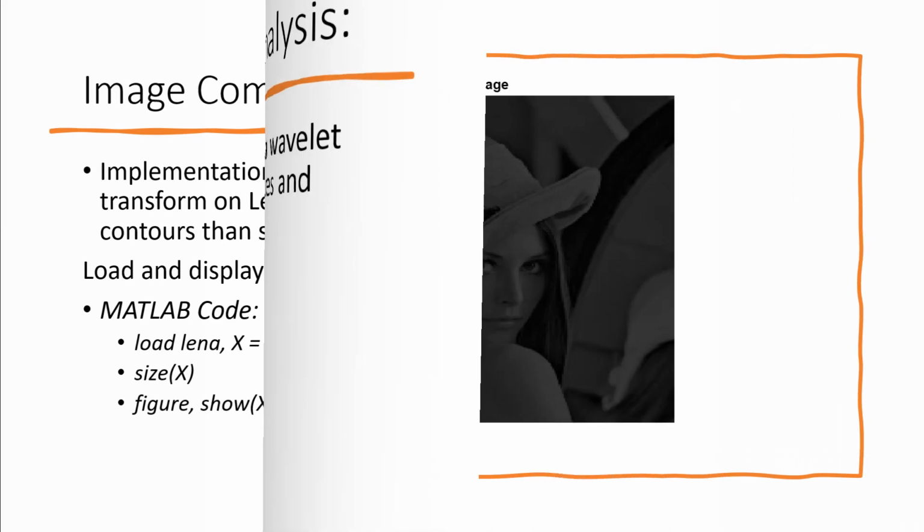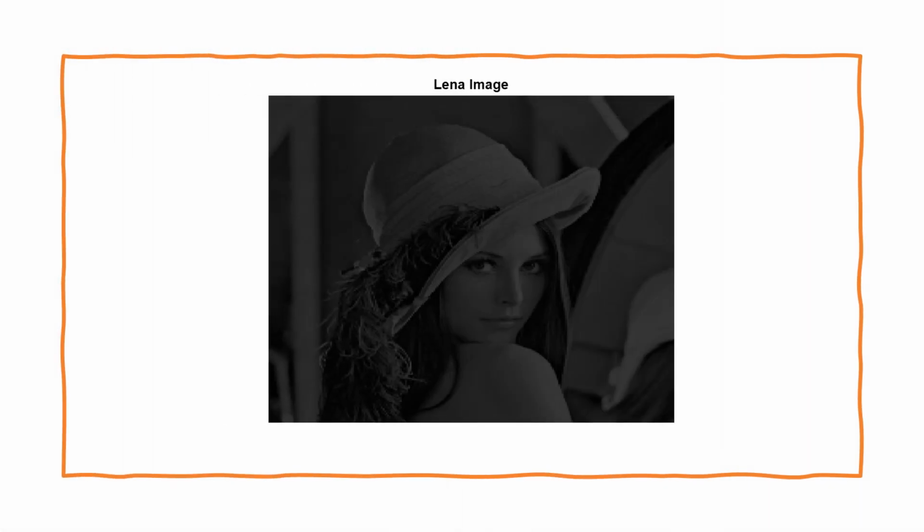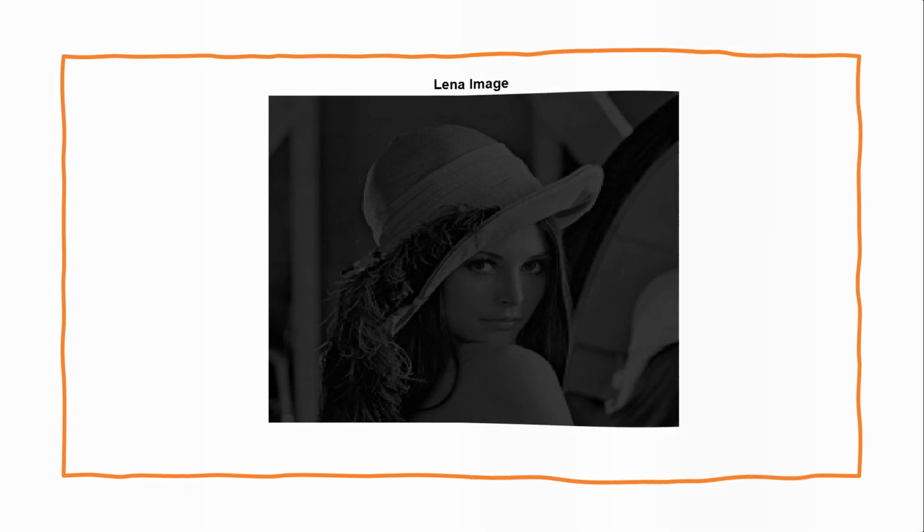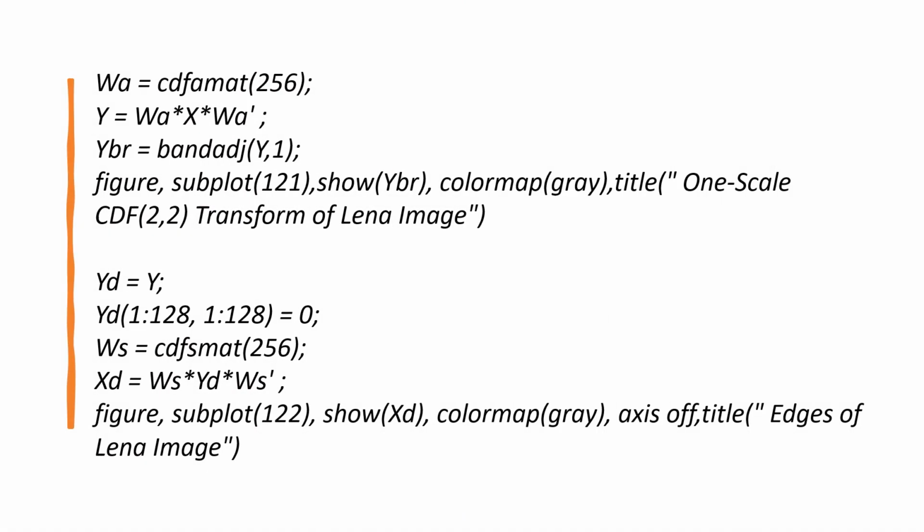So here we are going to perform a one scale CDF transform on the Lena image. Along with that, we are also going to find out the edges. So in this function, as we saw earlier, using the analysis matrix, we are going to generate the output image Y, and we are going to adjust the brightness of the image to be visible for us.